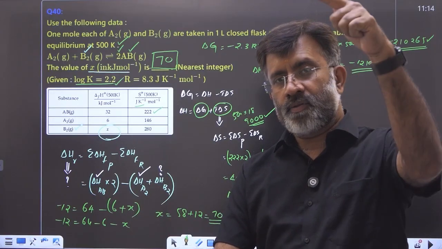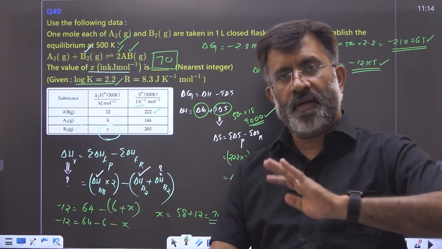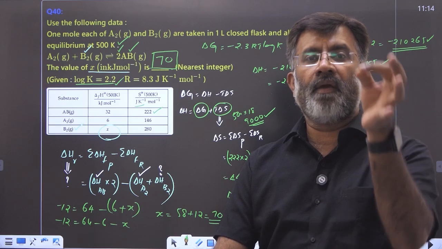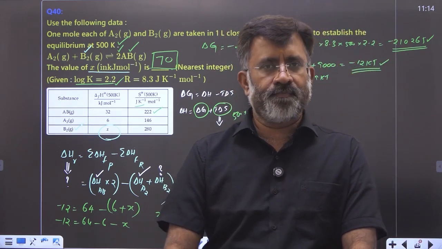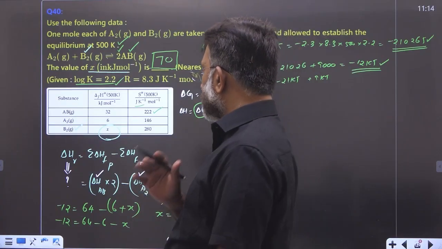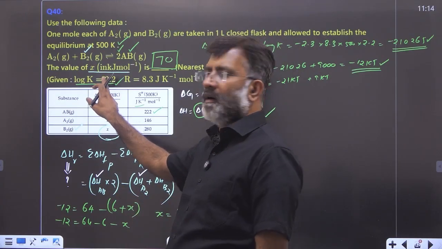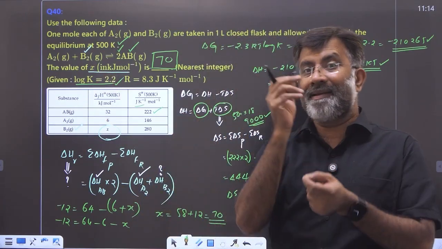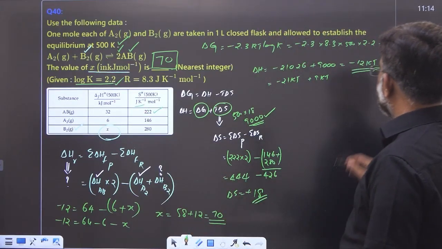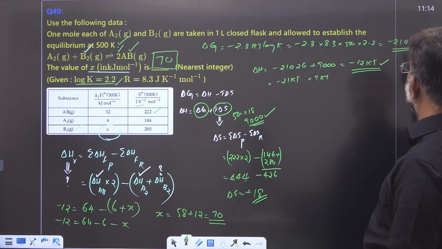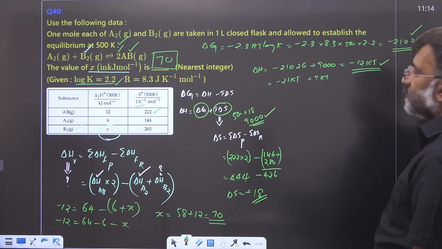And delta S of all the 3 components is given, temperature is given, and log K value is given. What is the procedure for working out? Using this log K, we need to find out delta G.